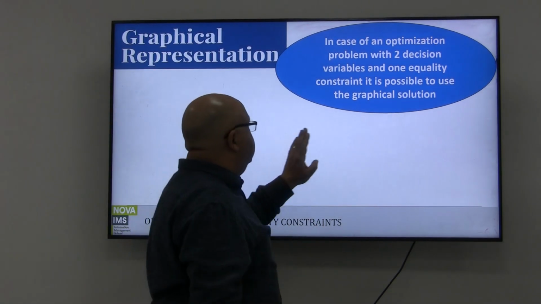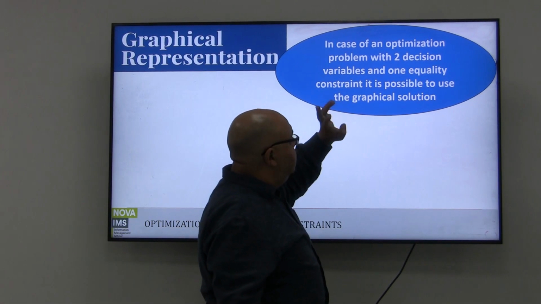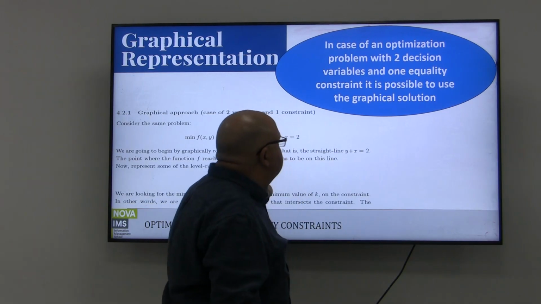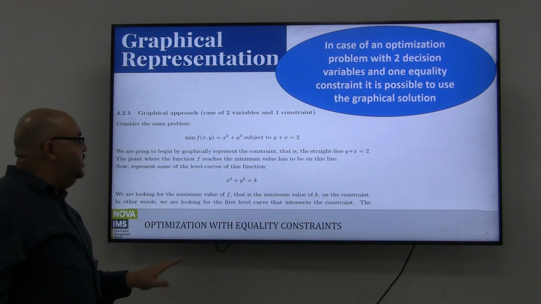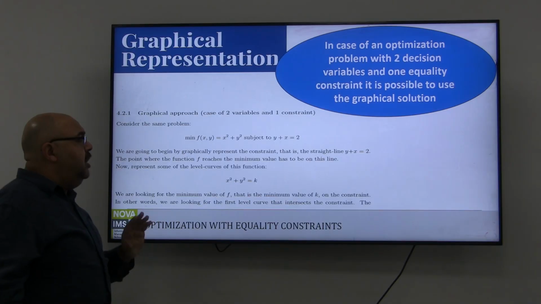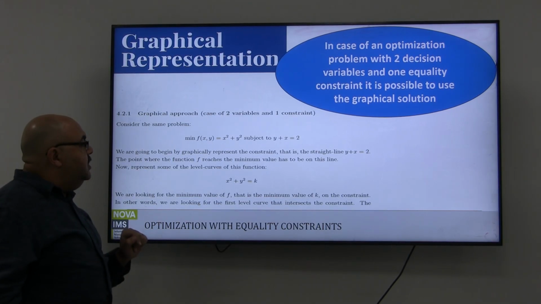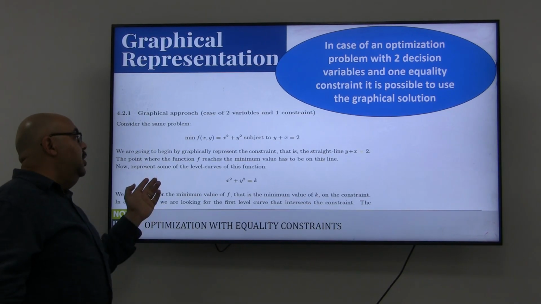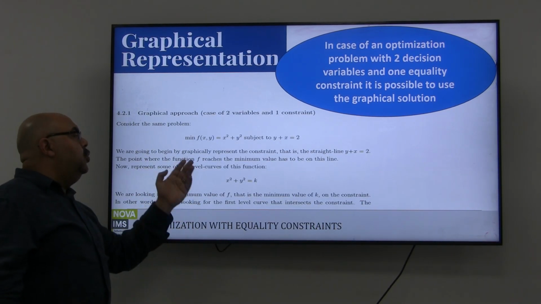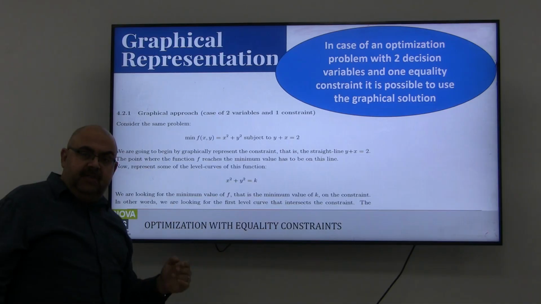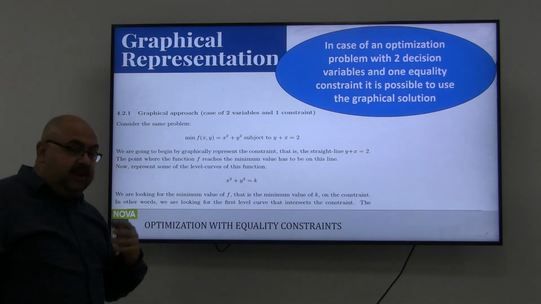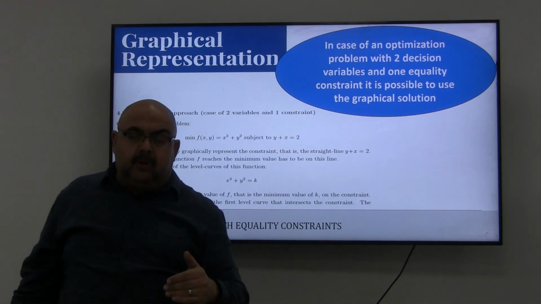So in case of an optimization problem with two decision variables and one equality constraint, it is possible to use these steps. The steps are really very simple. All I have to do is get the level curve of your function and equate the gradient of both of them, the function and the condition.